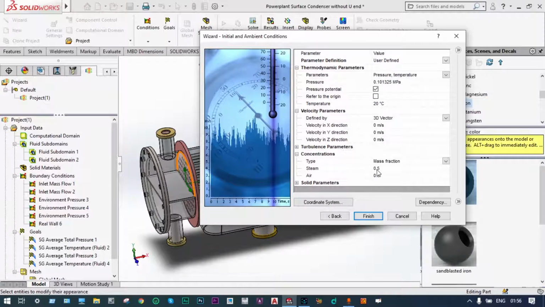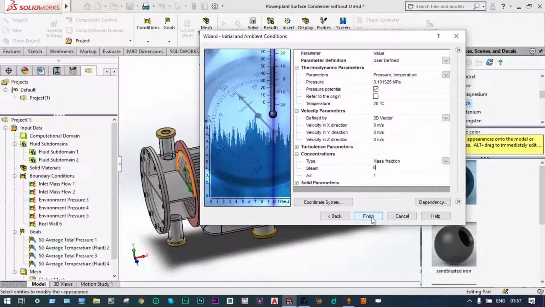Actually the outside is completely filled up with air, so concentration of air will be 100%, that is concentration of air is 1, and steam will be provided from outside, so it will be provided during actual application of boundary conditions. So at this moment the concentration of steam will be 0. That means we are providing steam from outside and cold water from outside, and the maximum domain is filled up with air, which is remaining outside this surface condenser.